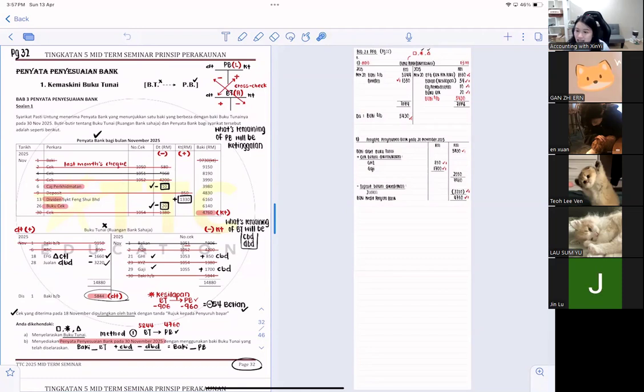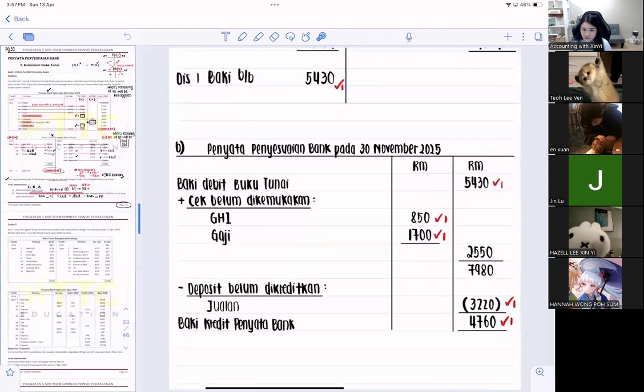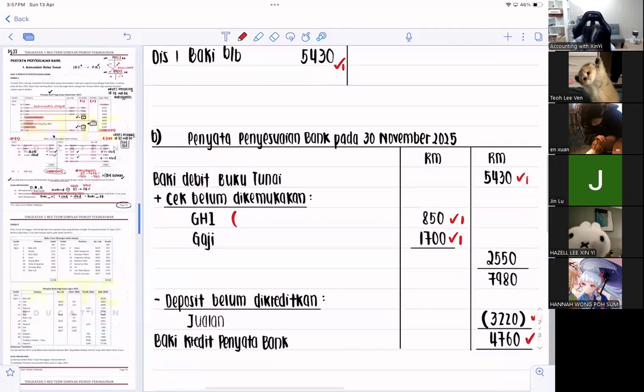Okay. Teacher, in SPM for the CBD butiran, is it needed to write nombor check beside it? Okay, now this one is actually not a requirement. But if you want to be safe, you can do that. Means you can put like this, bracket, nombor check 1053. No harm. Actually, you can write this, no problem.